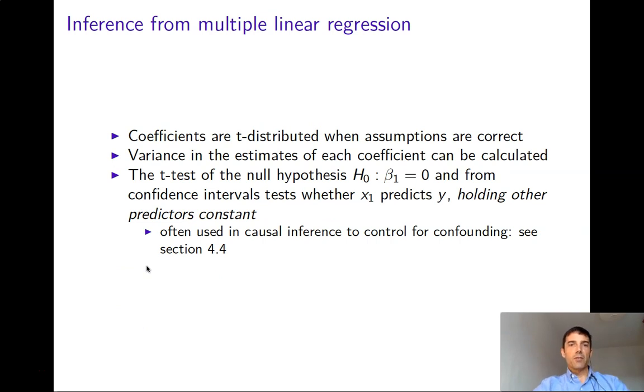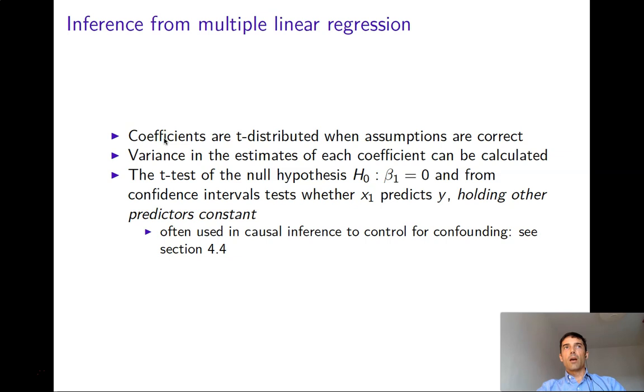For performing inference from multiple regression, and by inference, I'm talking about inferring something about a population from the sample, and typically whether there is an association between one of the variables and the outcome. A common approach is to take advantage of this property that linear regression coefficients are t-distributed when the assumptions are correct.